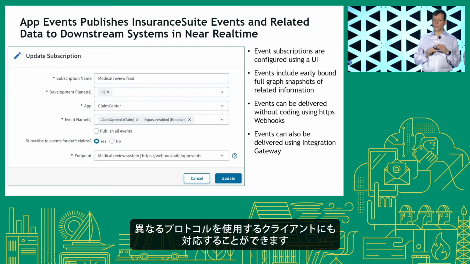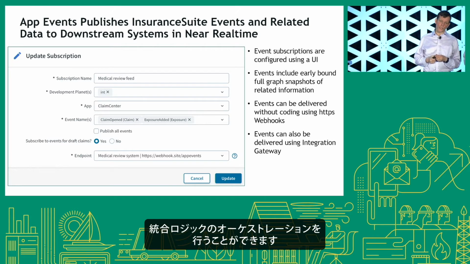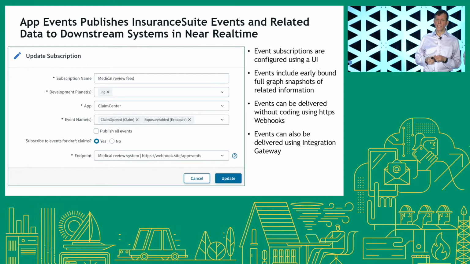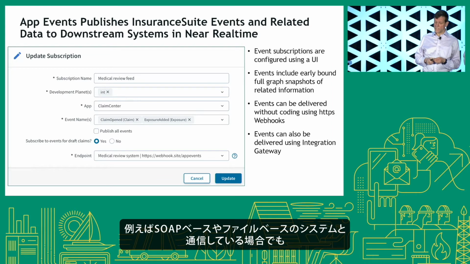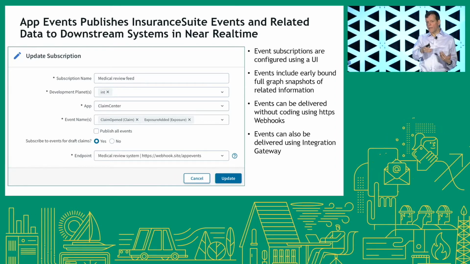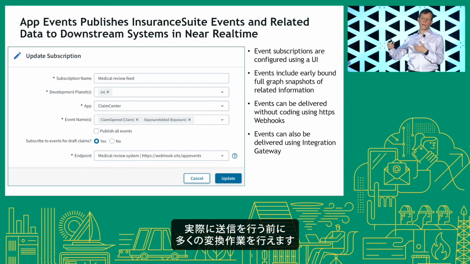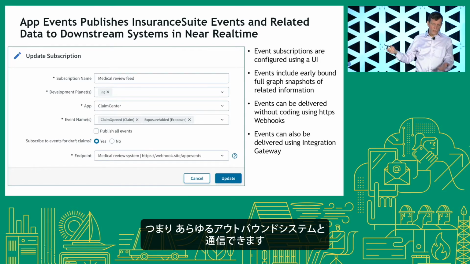It has lots of different clients for talking in different protocols, and it can do transformations and orchestration of integration logic. This gives you a lot of flexibility in the delivery. If you're talking to a system that's SOAP-based or file-based, you can still use application events to trigger the flow. You're just able to do a lot of transformation before you actually do the delivery. So this pretty much means you can talk to any system on the outbound.